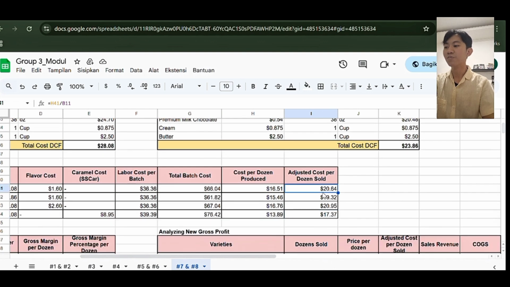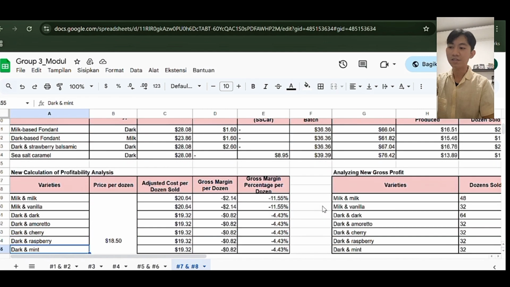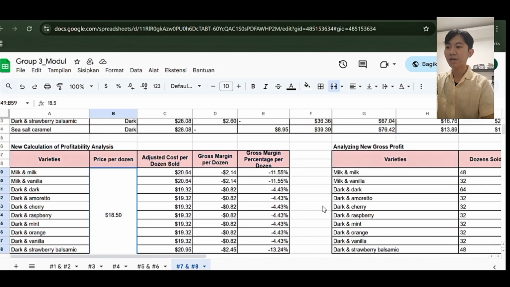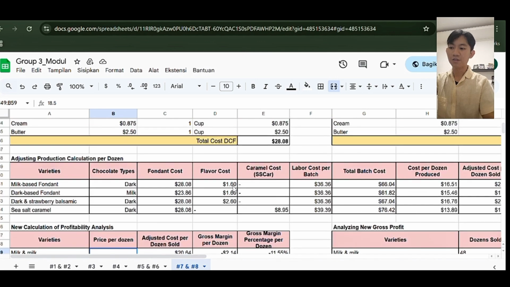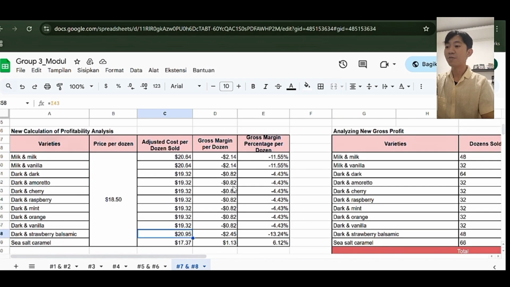Okay, so now we move on to the profitability analysis. The price remains the same, but we have a problem with cost because of the increase in labor cost and premium chocolate.